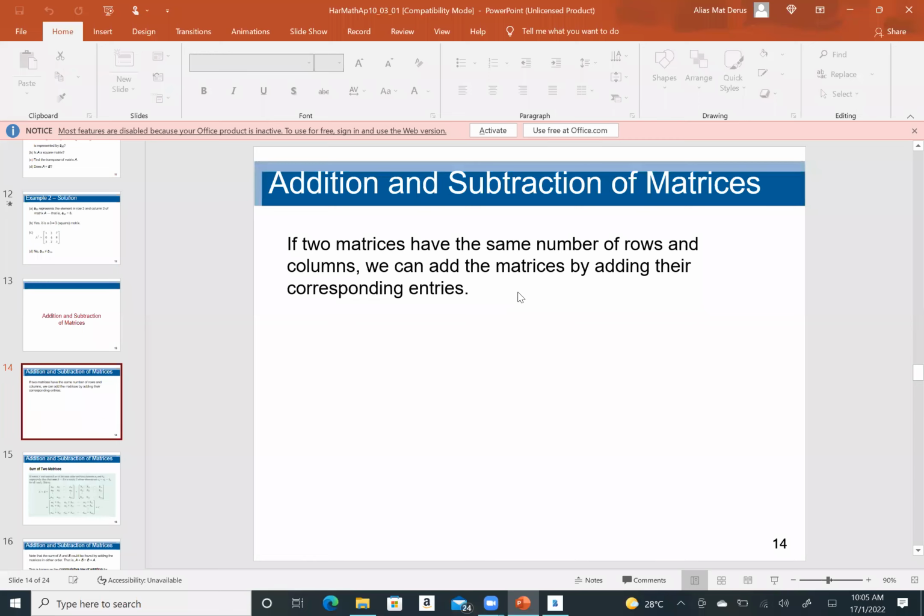Or in other words, in short, adding their corresponding entries or corresponding elements. So first, same number of rows, same number of columns. That means they must have the same size. And then you add the corresponding elements.